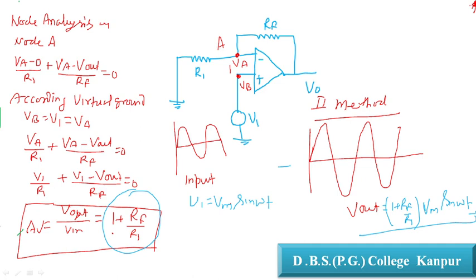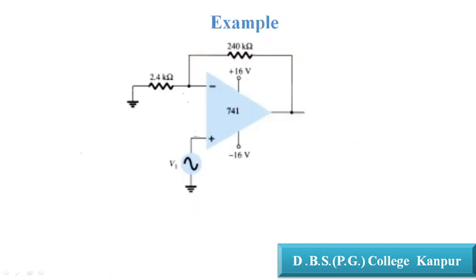We take some example for calculation. In this example, we want to calculate the voltage gain of the circuit. Firstly, understand the circuit. The circuit shows that the input is applied to the positive terminal, which means it is a non-inverting amplifier.